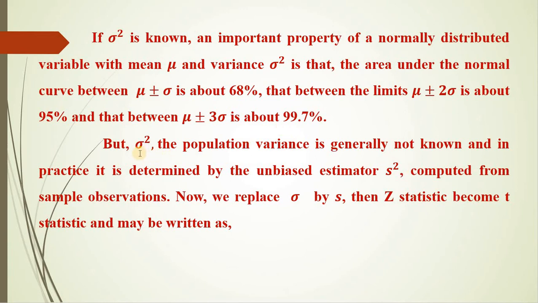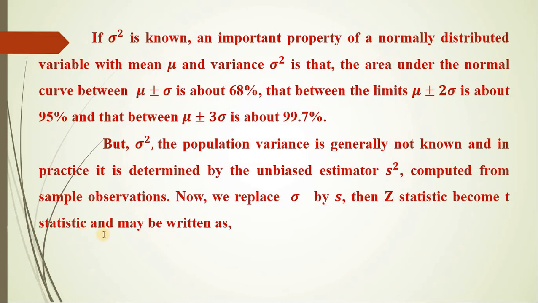But in general, sigma square, the population variance, is not known. And in practice, it is estimated by its unbiased estimator, small s square. The small s square is the sampling variance calculated from the sample observations. So now we replace sigma by small s, then the Z statistic becomes the T statistic.